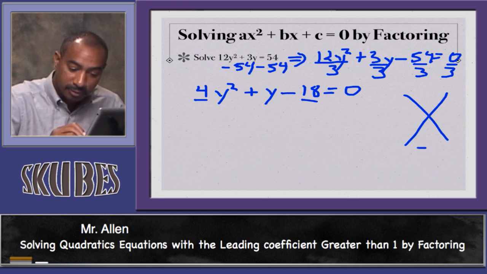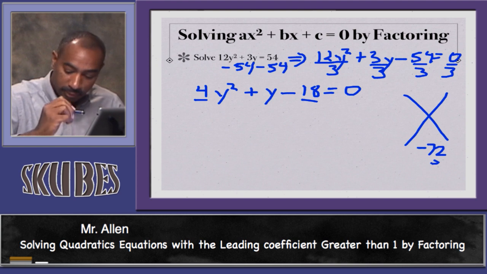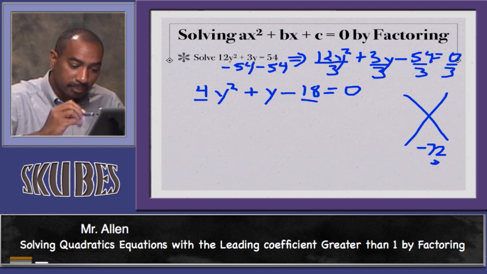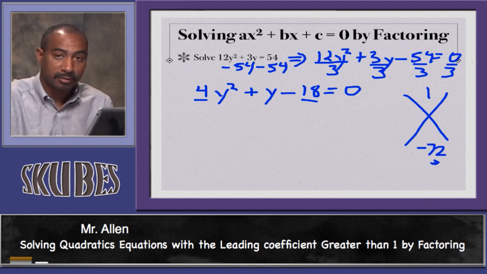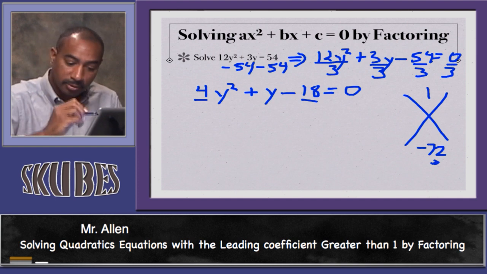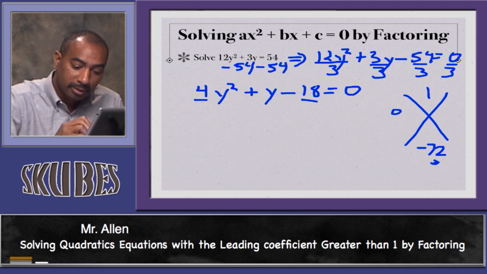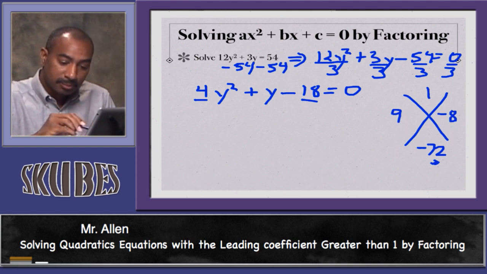That should give you negative 72. And we have to find two numbers that add up to positive 1, but at the same time multiply to negative 72. If you think about that hard enough, you'll see that 9 and negative 8 work. 9 times negative 8 is negative 72, but if I add them up, I get positive 1.